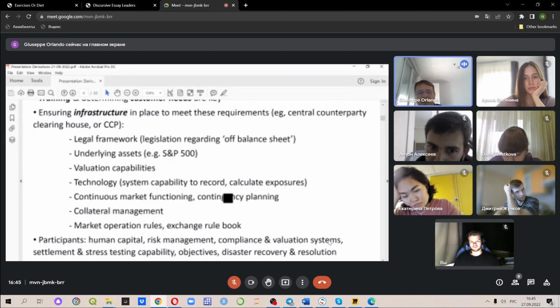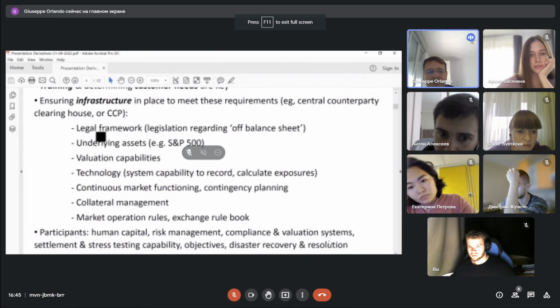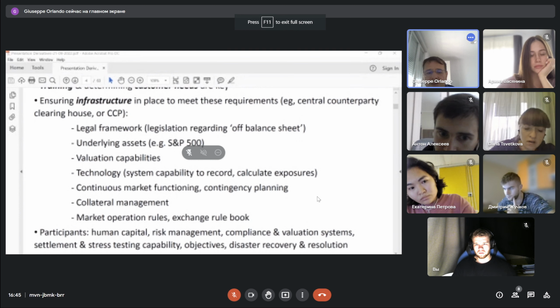For example, the central counterparty clearinghouse. Do you remember what a clearinghouse is? A central counterparty clearinghouse. We discussed this last time. Do you remember that?